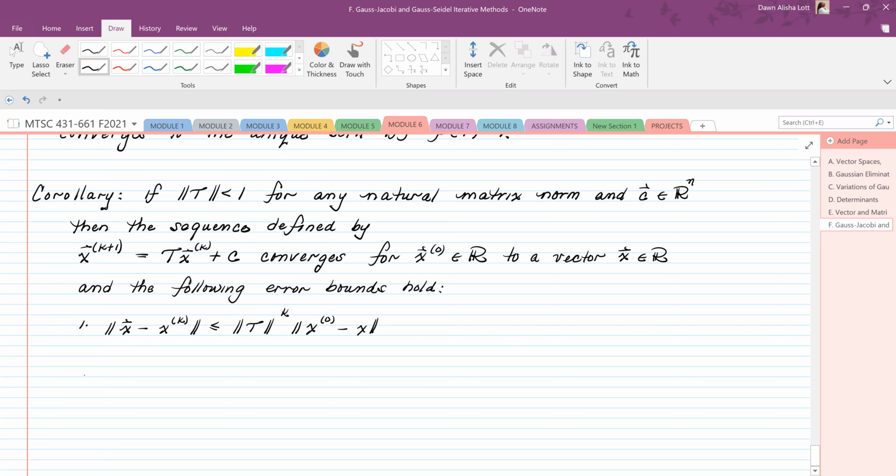And number 2, the distance between x minus x_k is less than or equal to the norm of T to the k divided by 1 minus the norm of T times the norm of x1.